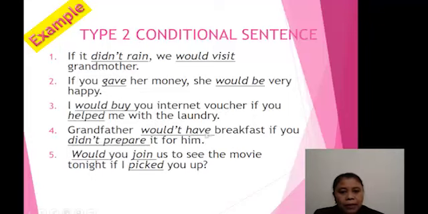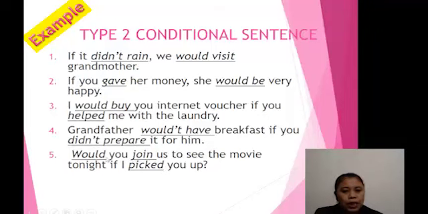Wouldn't plus have or verb 1, and then didn't plus verb 1. The last example, the question form, we put would. Would you join us to see the movie tonight if I pick you up?